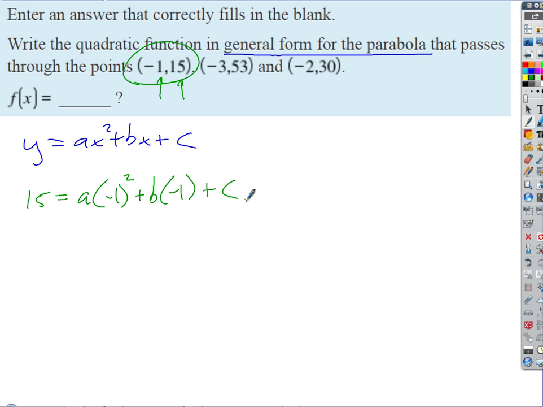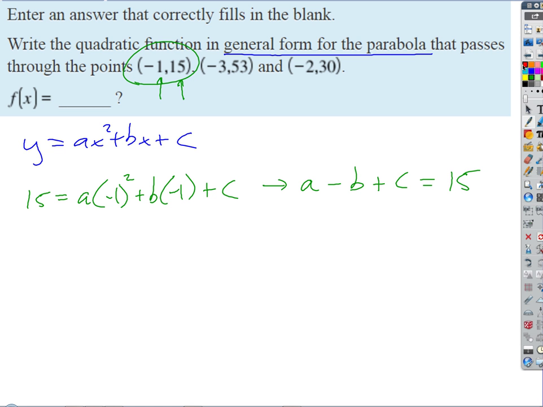Or in other words, why don't we put the y on the other side, and we end up getting the equation negative 1 squared is just 1, so a minus b plus c equals, and then we'll put the y value on the other side.